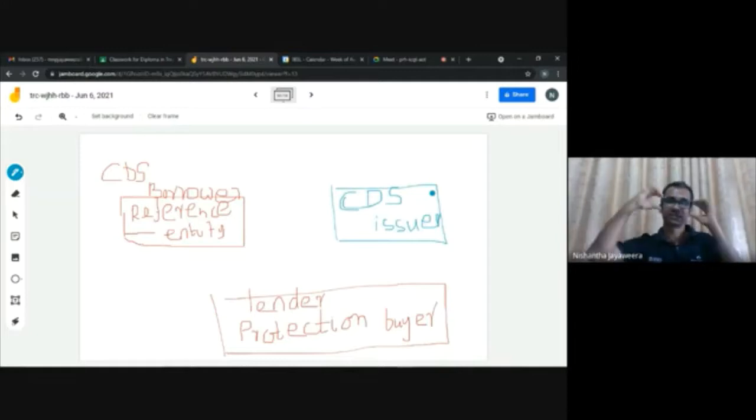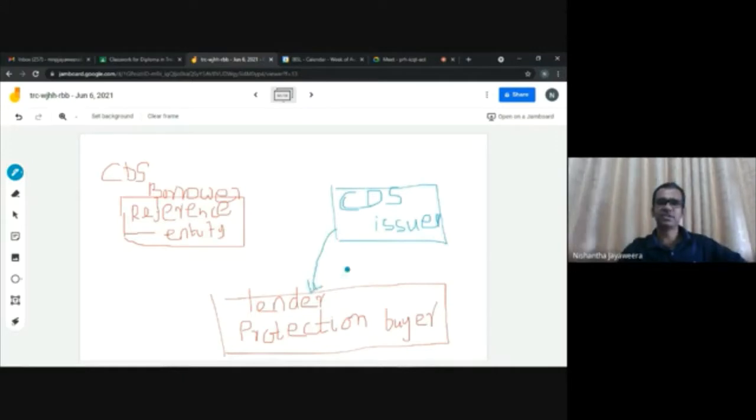What is the role of the CDS issuer? He's selling something like an insurance to the protection buyer, giving some assurance that if this reference entity, the borrower, defaults, we will compensate you.